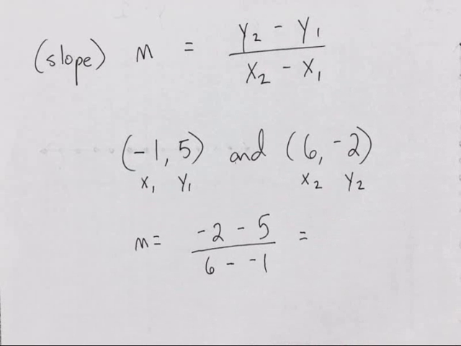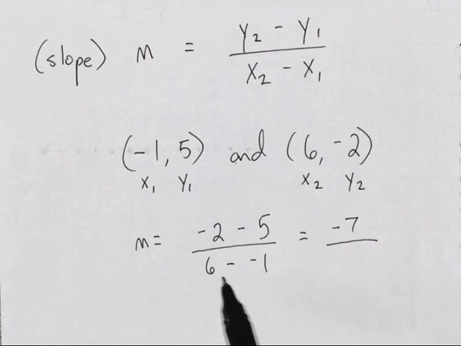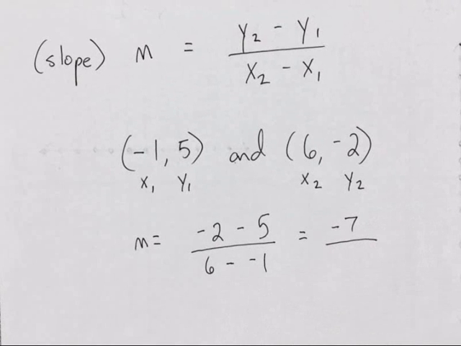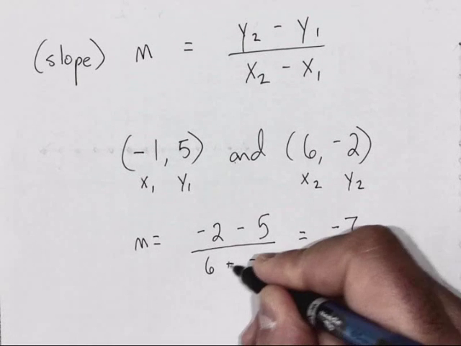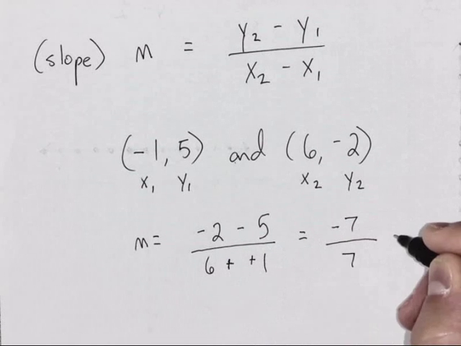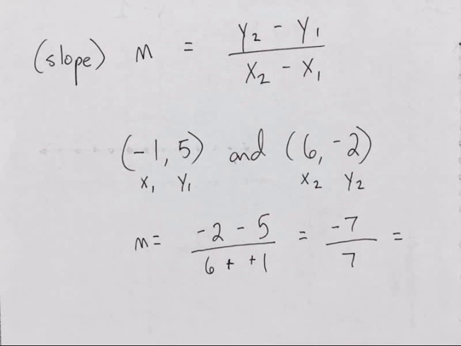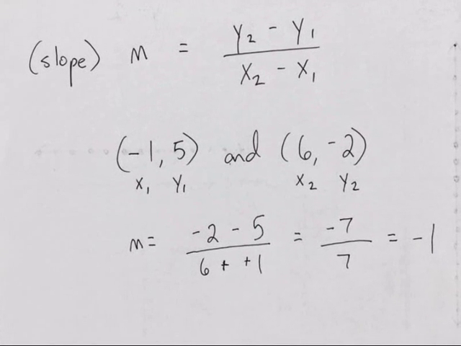So negative 2 minus 5 is negative 7. And 6 minus negative 1, those double negatives are going to turn to positives. So that's going to give me positive 7. So negative 7 divided by 7 is going to be negative 1. So the slope would be negative 1.